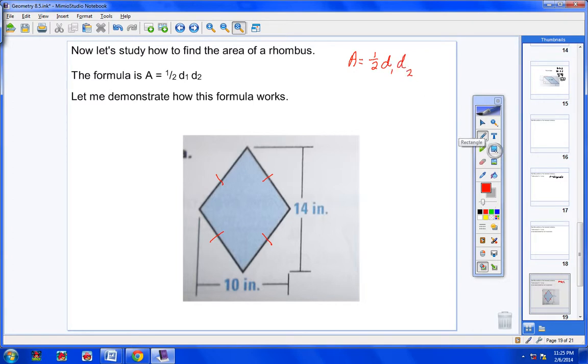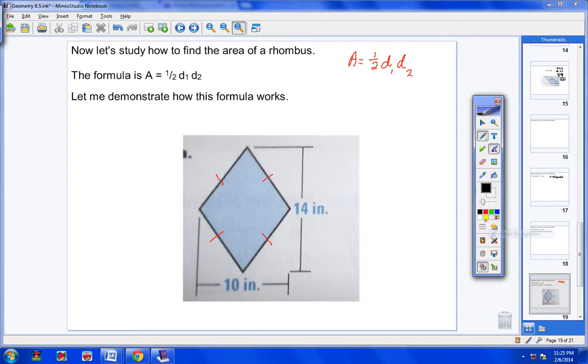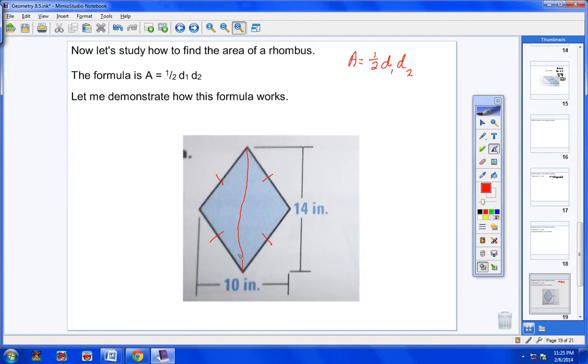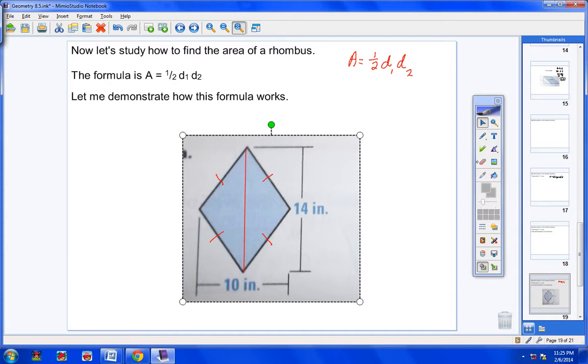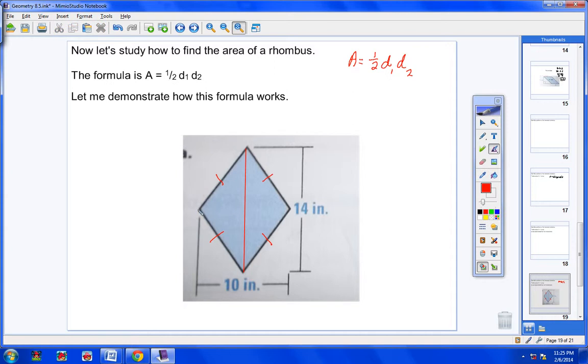Now remember, diagonals are drawn inside like this. So there's one diagonal, a little crooked, but it's okay. So there's one diagonal, and here's the other diagonal right here.